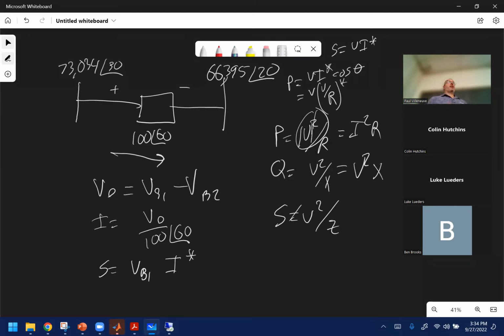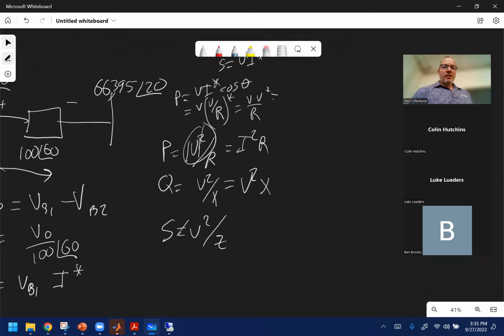Because of the cosine, V times V conjugate divided by R, because the conjugate of a real number doesn't change. So this is V at an angle of theta, times V at an angle of minus theta, over R. Isn't it by default going to have to equal that? You can't have angles in there and make this work.